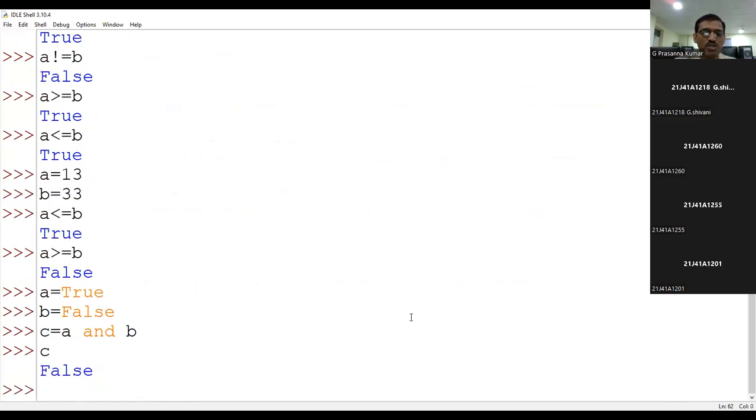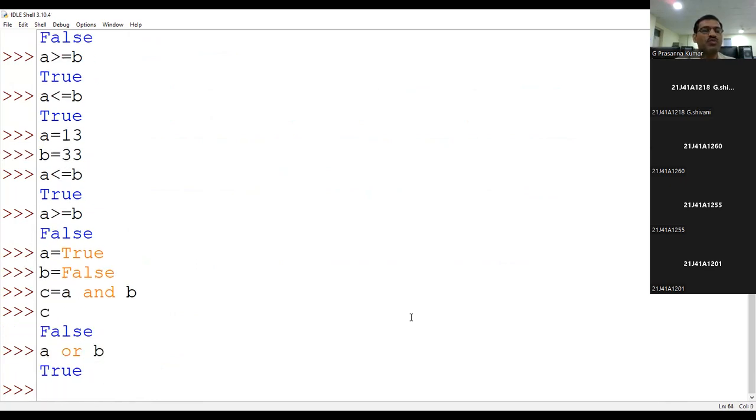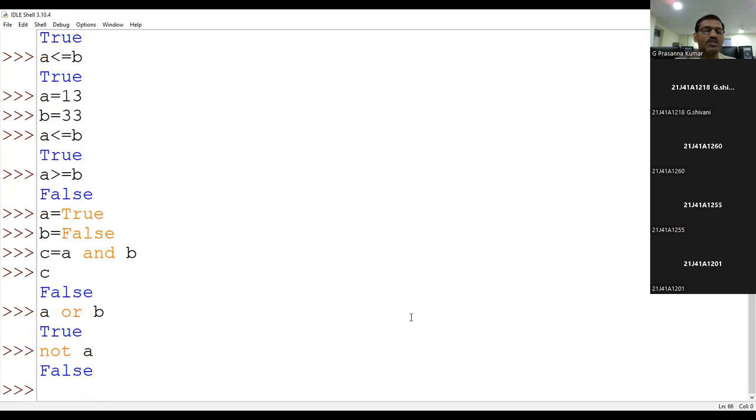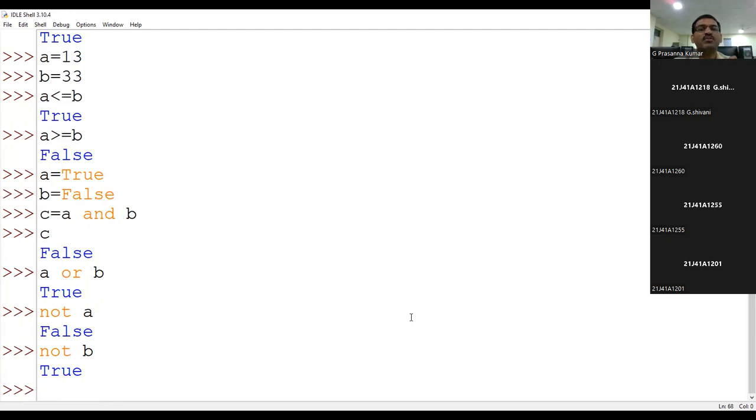Or you can directly use A or B, it gives true. Next, not of A, it gives false. Not of B, B is defined as false. For that, it gives true. Okay, it is about the logical and, logical or, and logical not, invert.